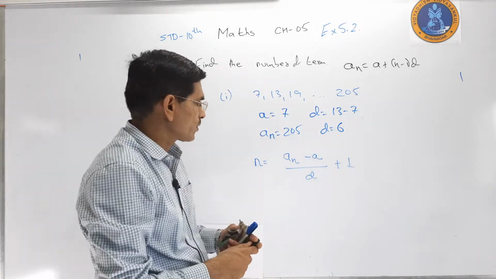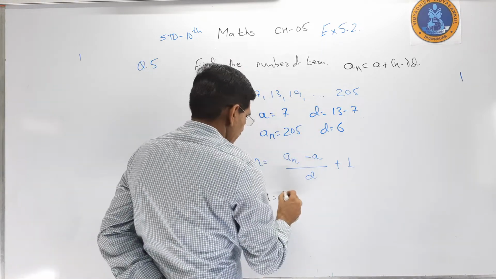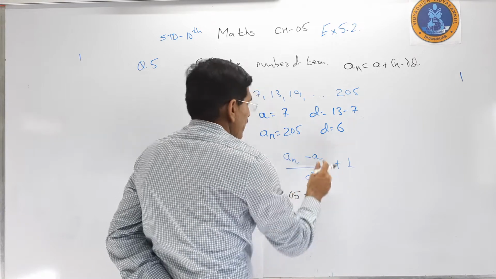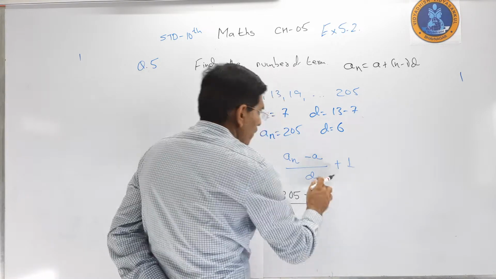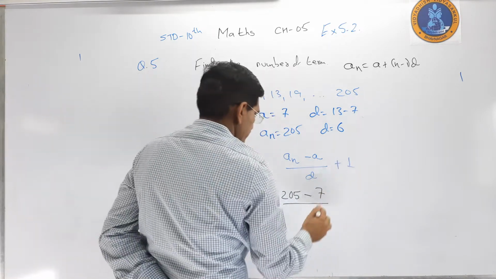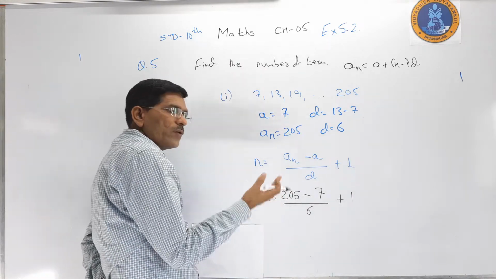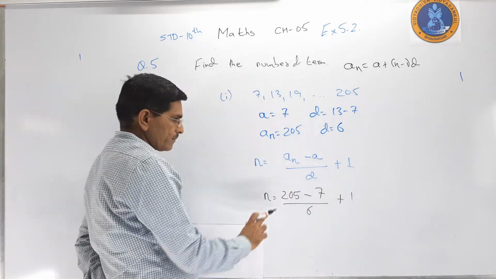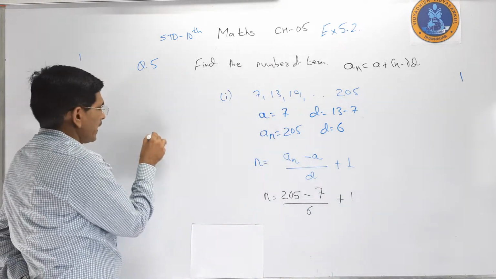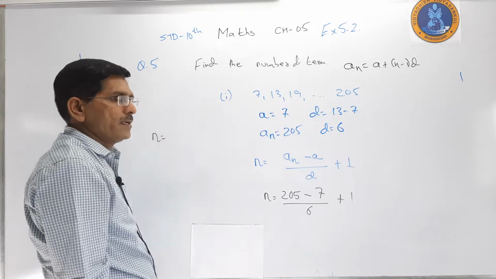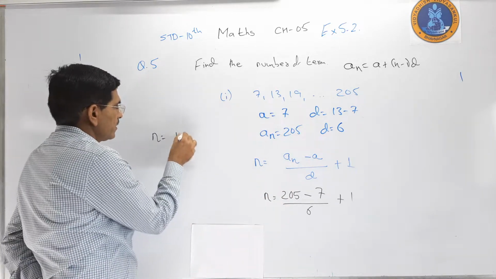If you put an, that is 205, minus a, that is 7, upon d, that is 6, plus 1, we can easily find out. So n is equal to 205 minus 7, that is 198.